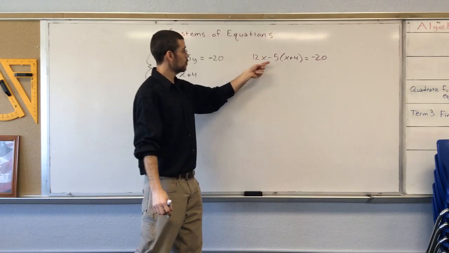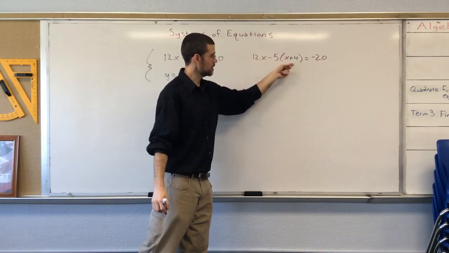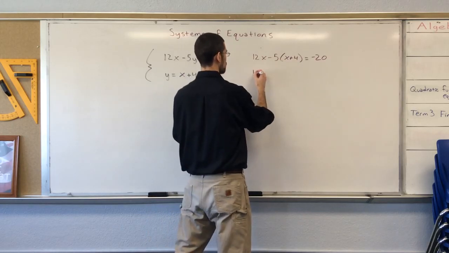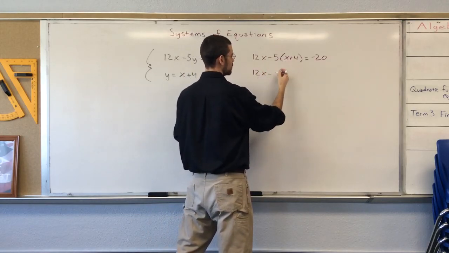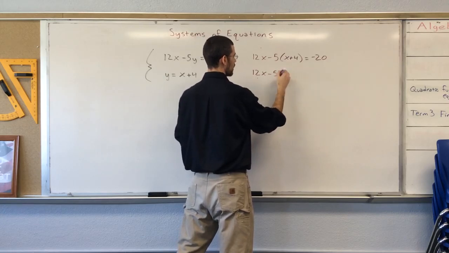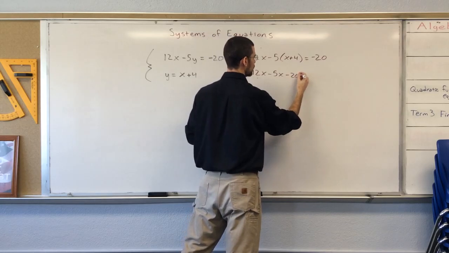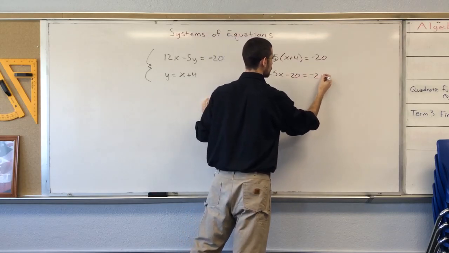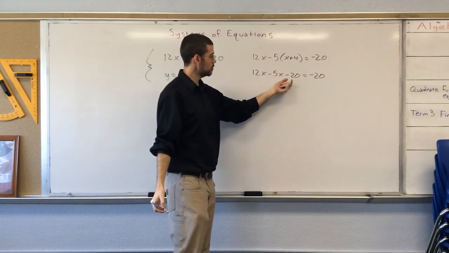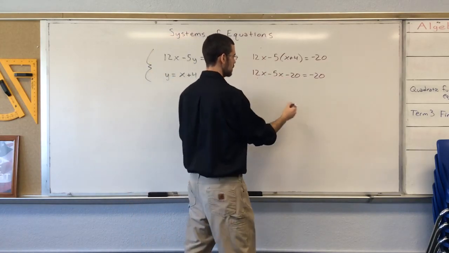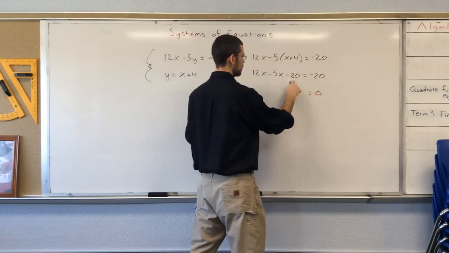Let's do that. We'll distribute negative 5 across this addition here. That doesn't change our 12x, so 12x minus 5 times x is minus 5x. Minus 5 times positive 4 is minus 20. And all of that equals negative 20. Now we can add 20 to both sides of the equation, and we'll get 0 here, 0 there.